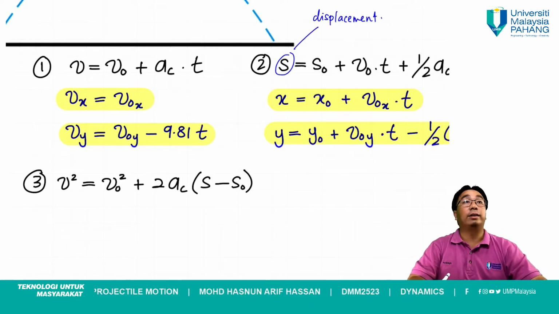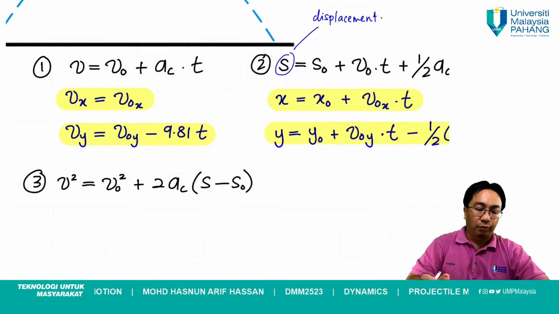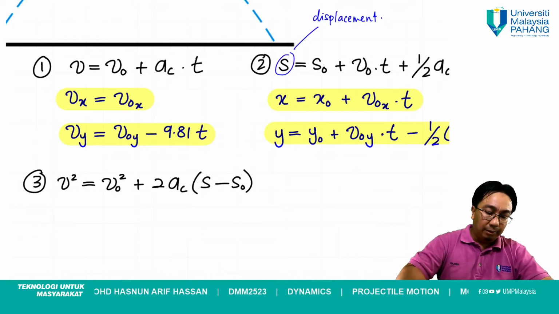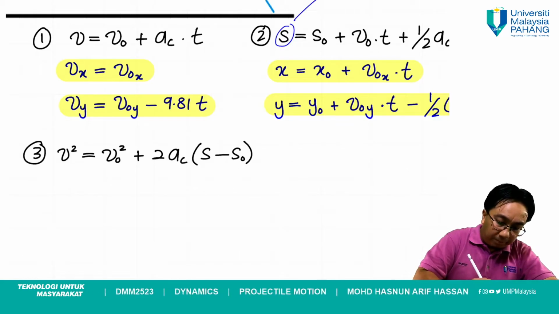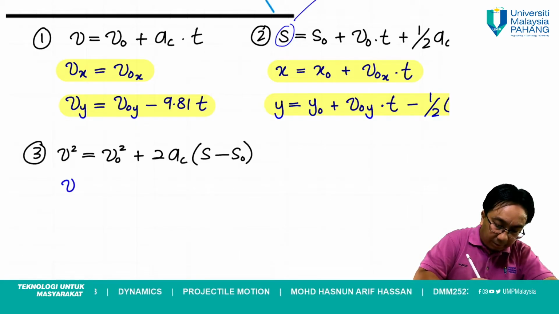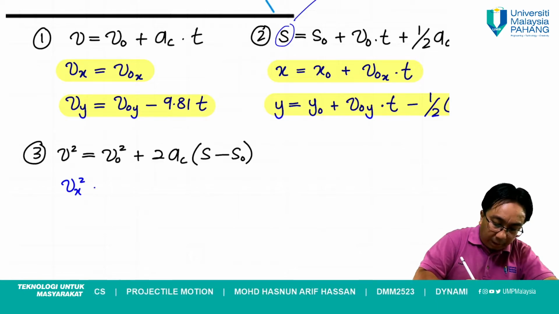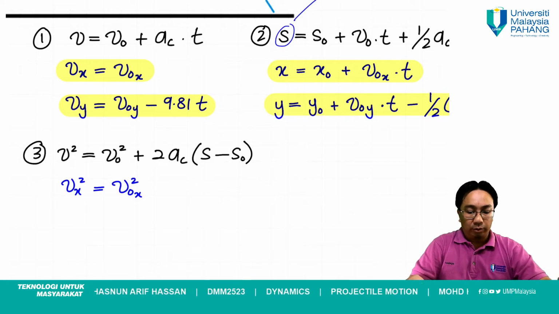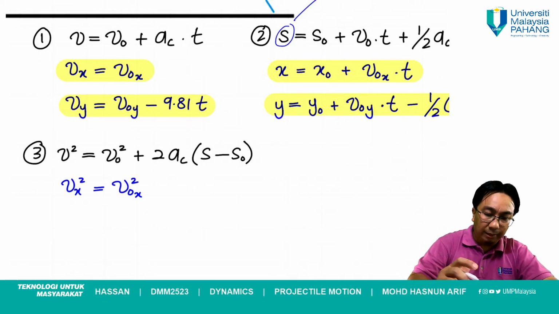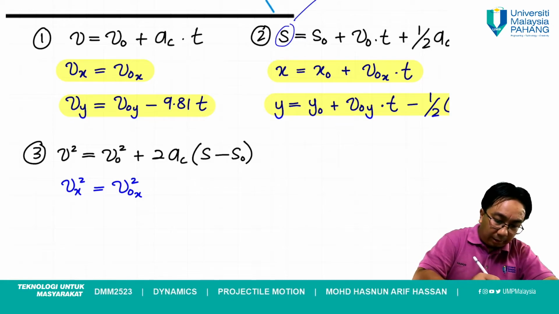Okay, ni satu lagi equation untuk case for constant acceleration. Okay, sekarang apabila kita gantikan dengan X dalam ni, so kita ada Vx square sama dengan V naught X square. AC, remember, for X is equal to 0. So basically yang ni, this is identical to this one lah.